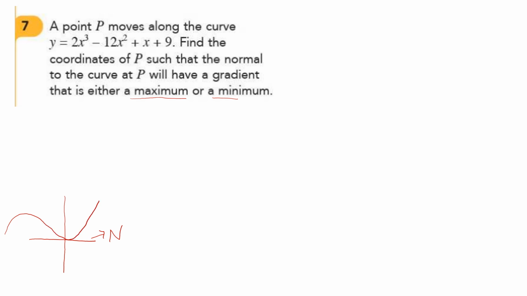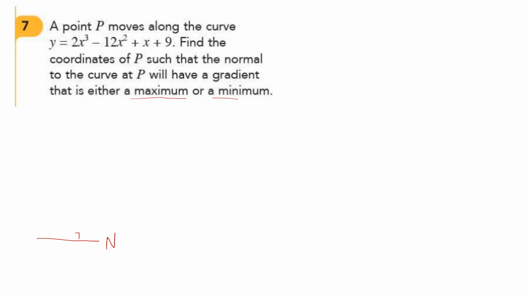Wrong. So this is normal, so this is tangent. How do I draw the curve? Oh yeah, the curve could be something like this. So this is a tangent line. It kind of makes sense now. Tangent and normal is like that. Normal is horizontal. Okay, right.